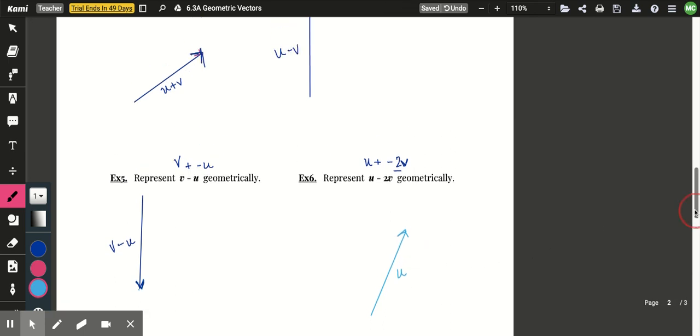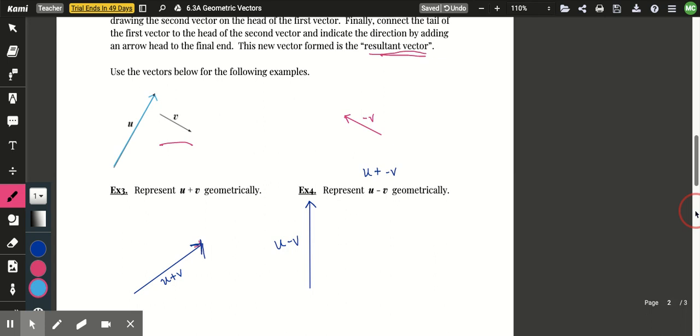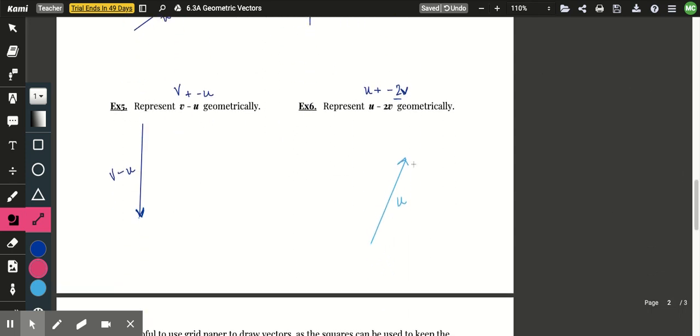Next, I need to put in the 2 V's, but with the opposite direction. So again, I'm going up to look there. I've got my opposite of V right there. So I'm going to draw 2 of those starting on the head of U. So starting here on the head, I'm going to draw 1 V here.